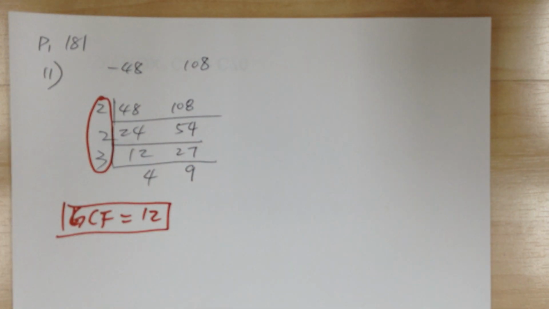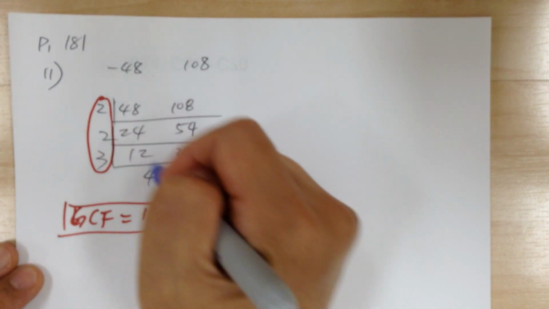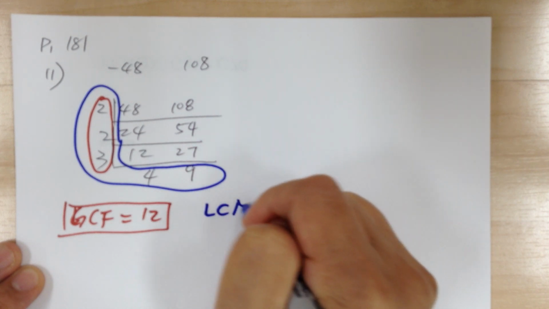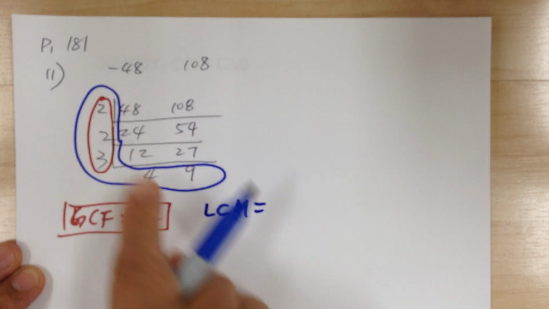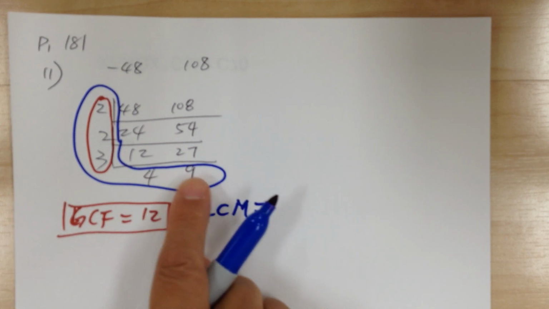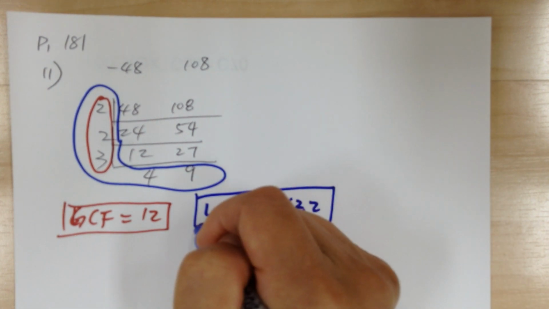And for the LCM, you have to see if you can keep going. It cannot, so that's your LCM. You have 12 already, so 12 times 4 would be 48, and 48 times 9 should give you 432.